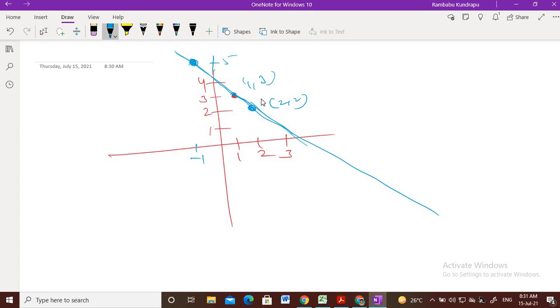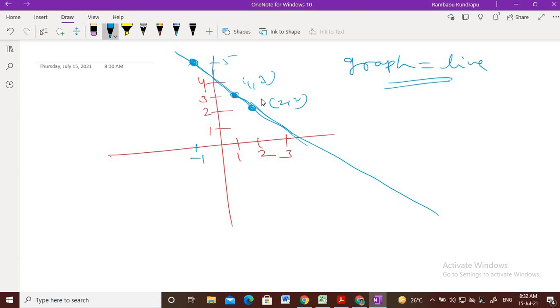Is it necessary to draw a line? Graph of a linear equation in two variables means the graph is a line. You have to draw the line. Then you have taken x equal to -1 and y equal to 5.